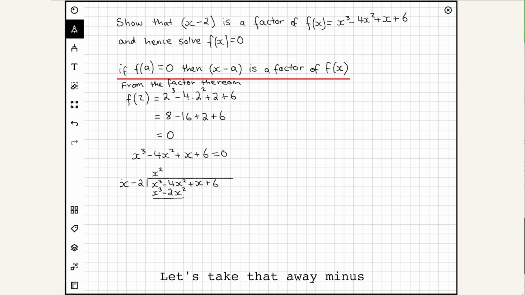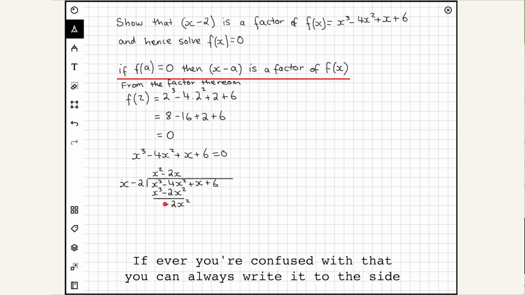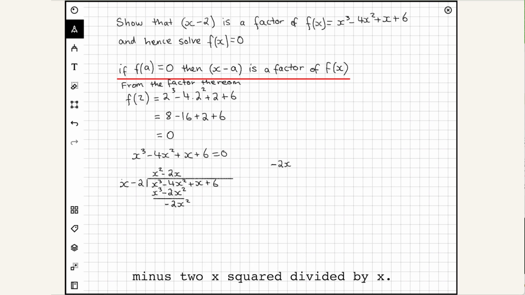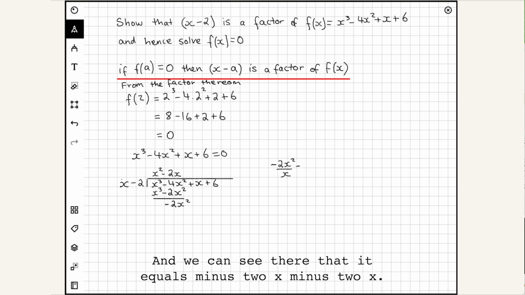Let's take that away. Minus 4x squared minus minus 2x squared, so it becomes minus 2x squared. x into minus 2x squared will give us minus 2x. If ever you're confused with that, you can always write it to the side: minus 2x squared divided by x, and we can see there that it equals minus 2x.